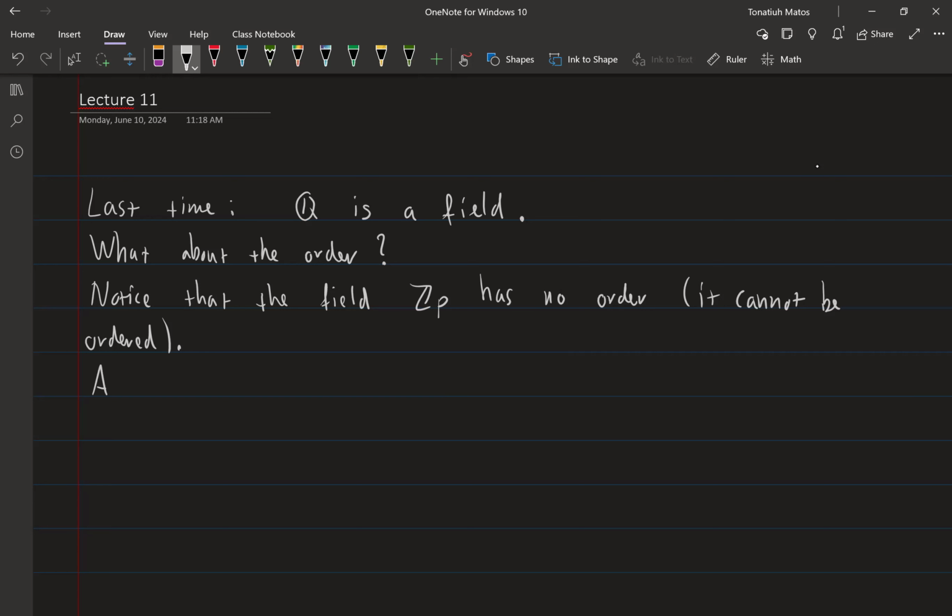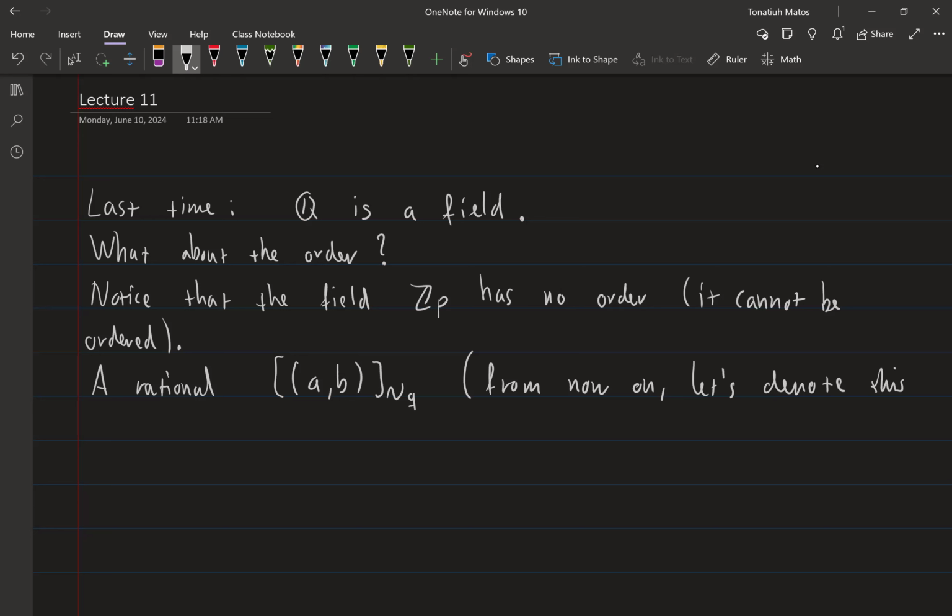So a rational, and recall that rational numbers are just equivalence classes, right? So a rational has a representative a over b. From now on, let's denote this by a/b, as you might expect, right? This is the new notation.